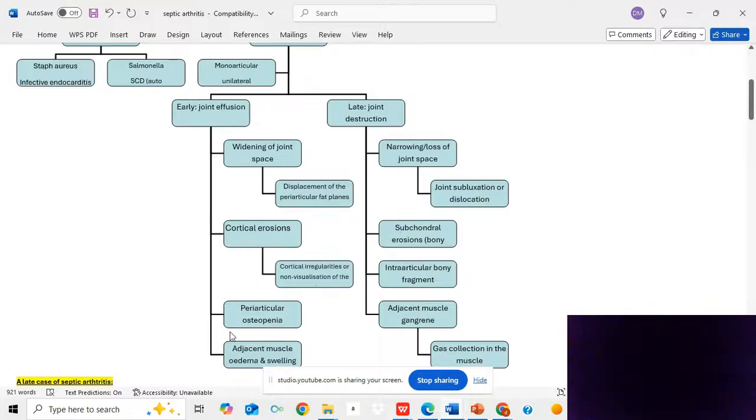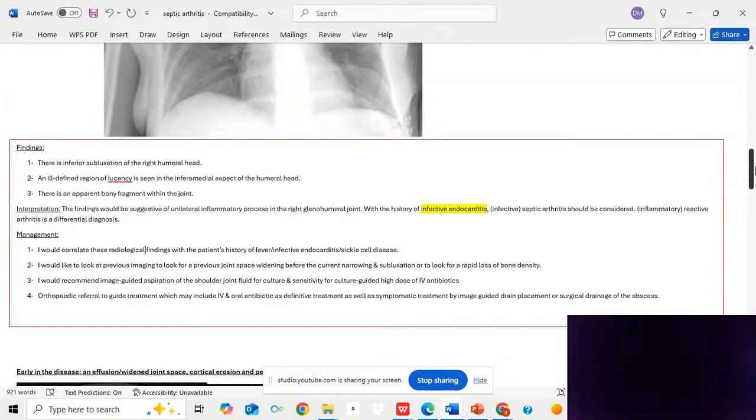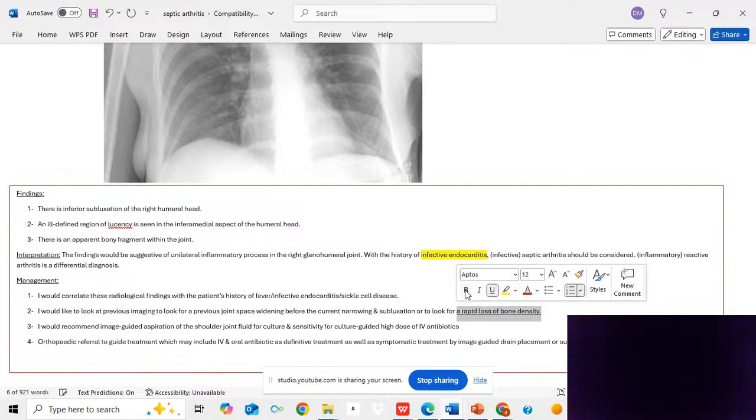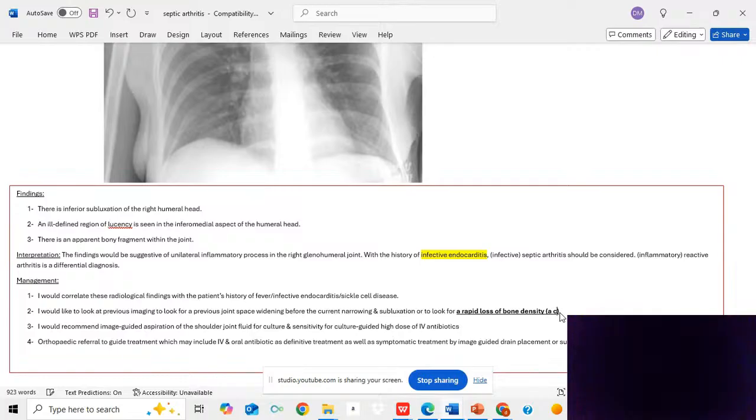A rapid loss of bone density is a characteristic finding in septic arthritis.